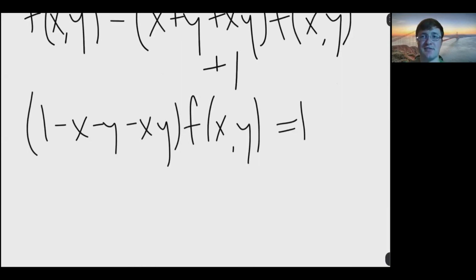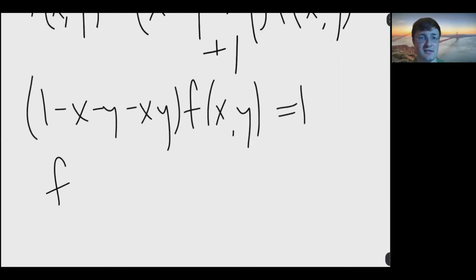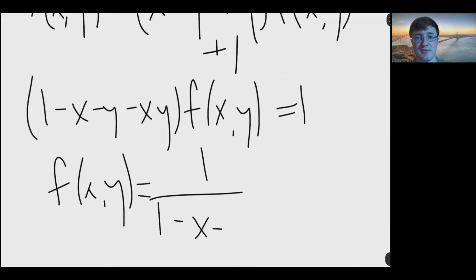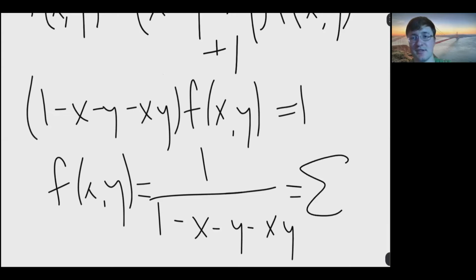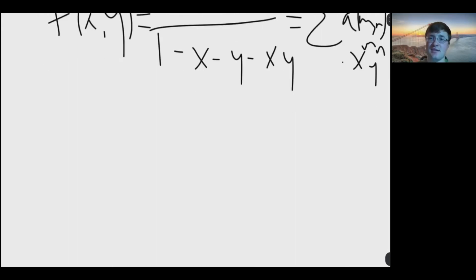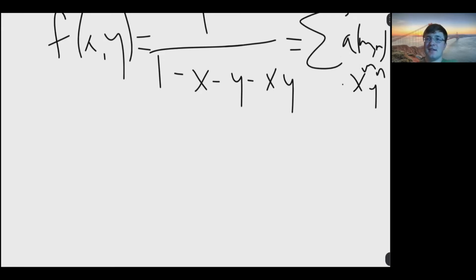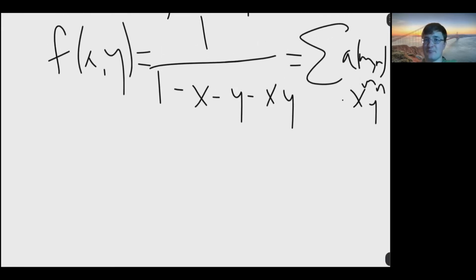Okay, so f of xy equals 1 over 1 minus x minus y minus xy. And this is my sum of a m n, x to the m, y to the n. Okay, so now I just have to find a way to extract the coefficients from this.